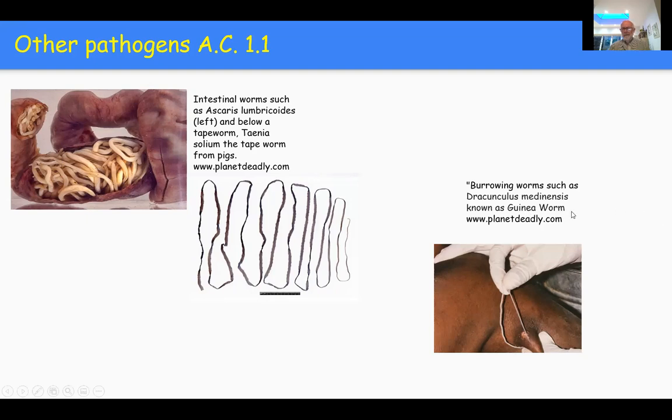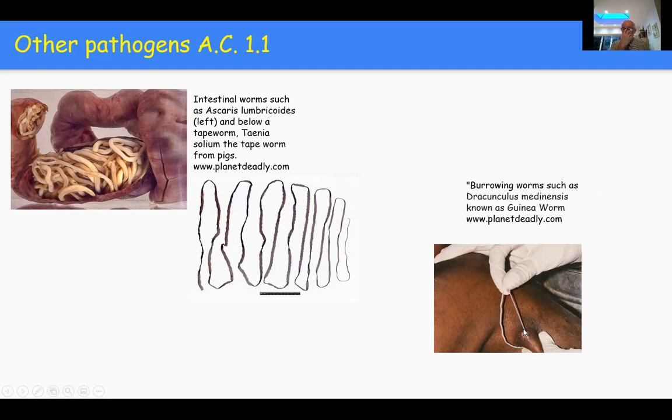We've also got burrowing worms, nasty things like Dracunculus medinensis, which is the guinea worm. And this is actually someone's foot. And here we can see a health professional actually slowly pulling out the worm from the wound that you can see in their leg and foot.